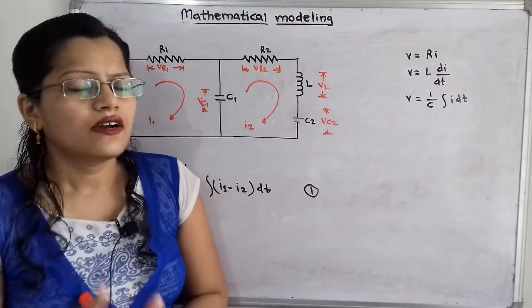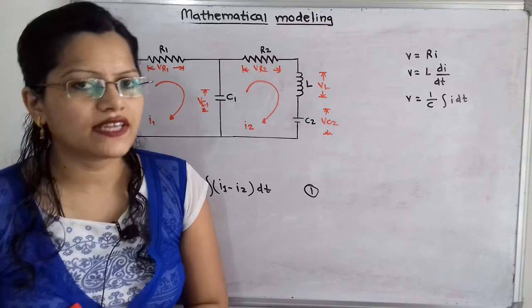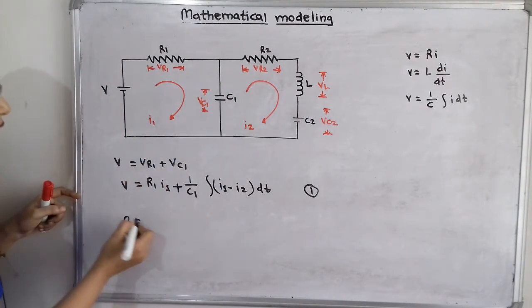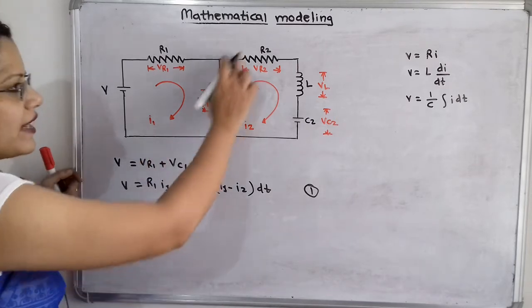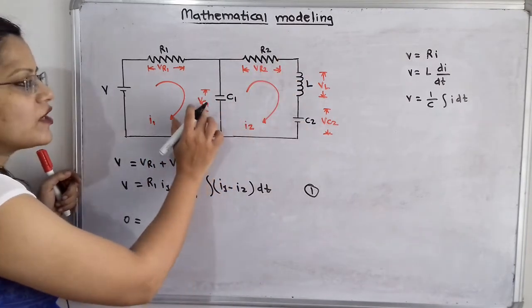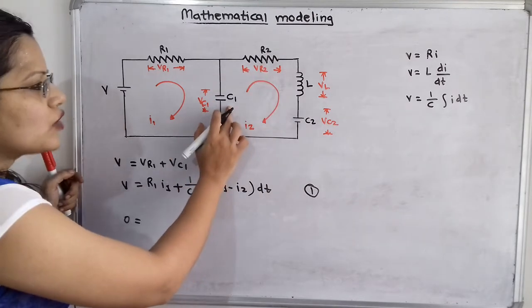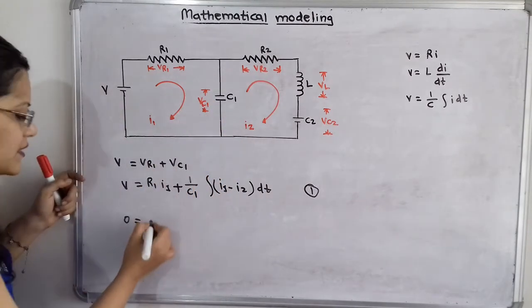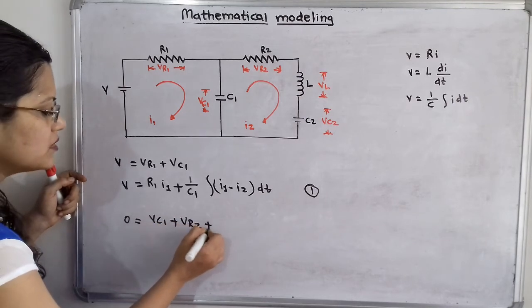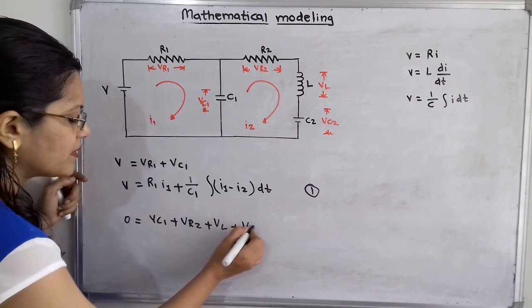On one side we take 0, and on the other side we add the voltages across all these elements, that is VC1 plus VR2 plus VL plus VC2.